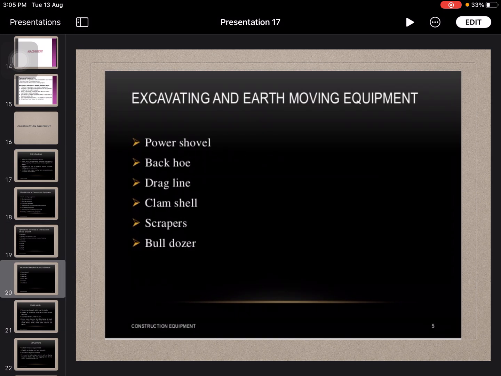So what are the different excavating and earth moving equipment? They are power shovel, backhoe, dragline, clamshell, scrapers, and bulldozers. These equipment have been classified depending on the different types of purposes that are carried out.